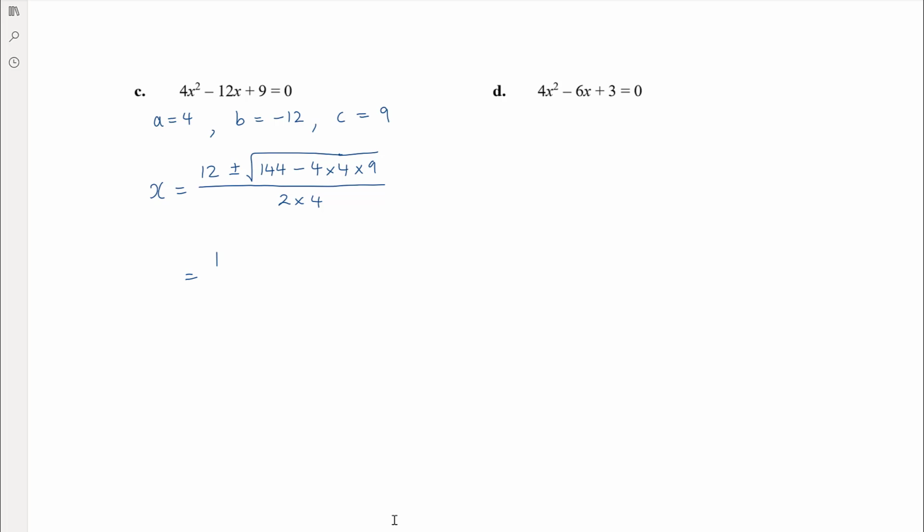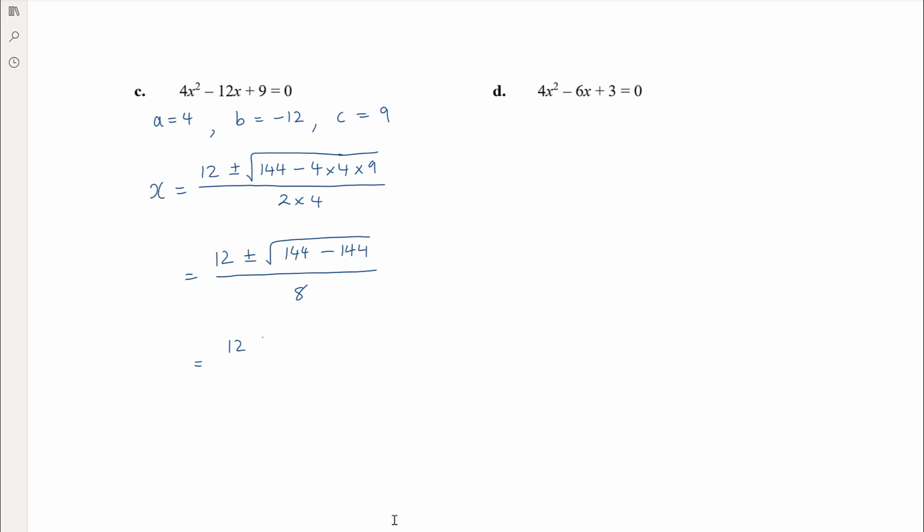So we're going to get 12 plus or minus the square root of 144, take away... you could do this as 4 times 4 is 16, and then 16 times 9, or you might do 4 times 9 is 36, and then 36 times 4, whichever way is more comfortable for you. You might go with 16 times 9. 16 times 10 is 160, so 16 times 9 is 160 take away 16, which is 144, all over 8.